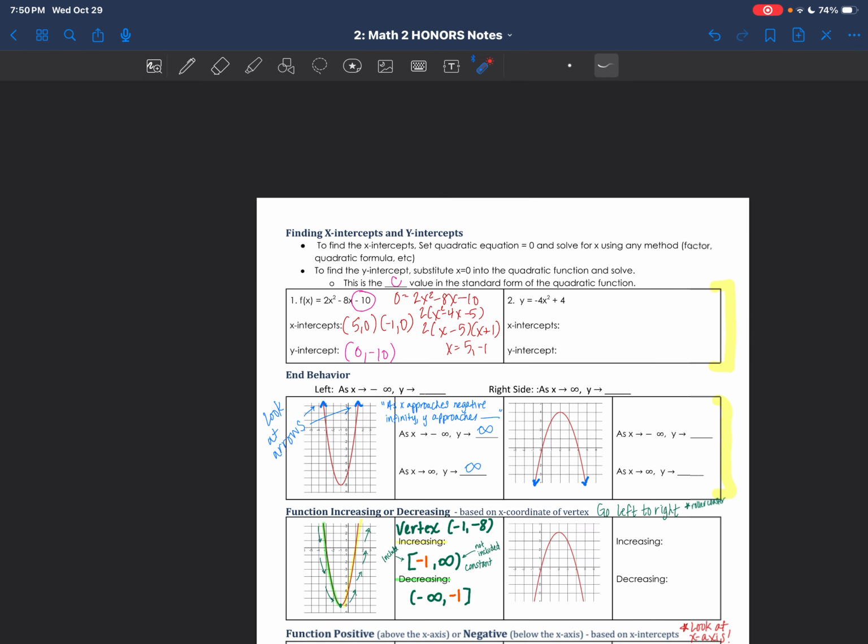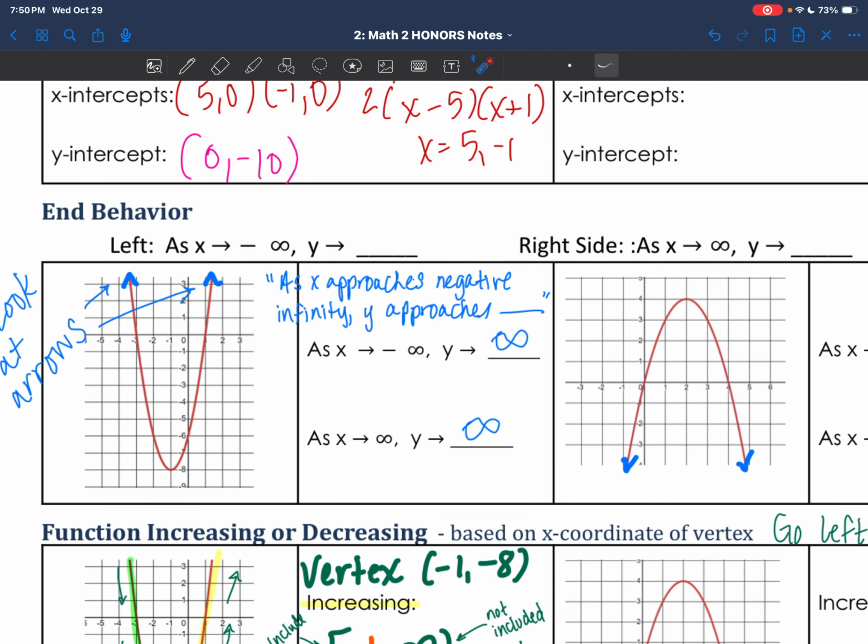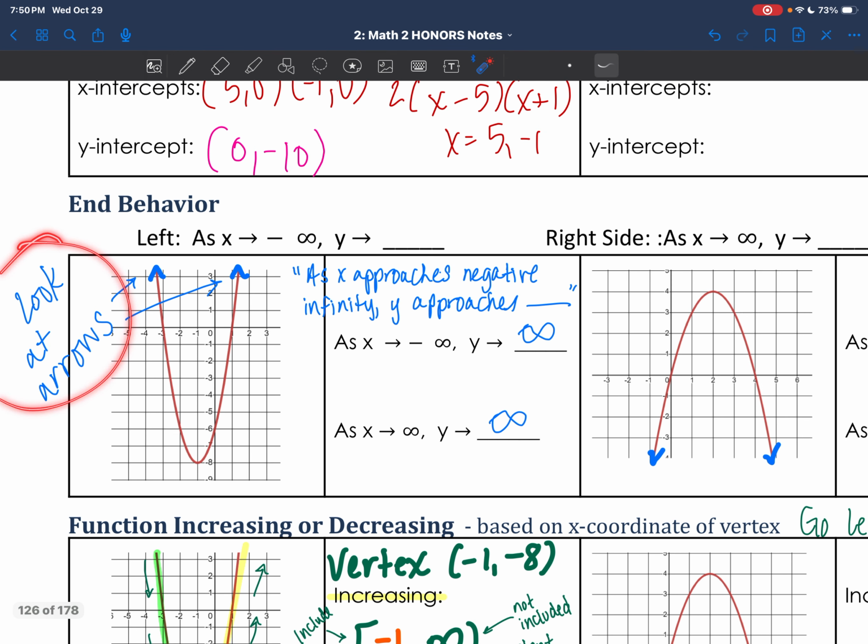And then now we're going to talk about end behavior of the graph. So we're first going to talk about, and you read this as, x approaches negative infinity, y approaches what? So we're going to look here, and in this case, you're going to look for the end behavior.